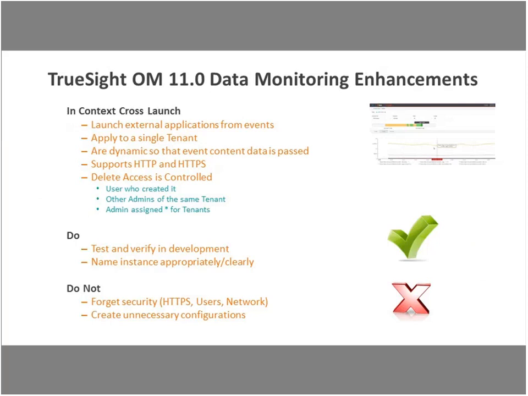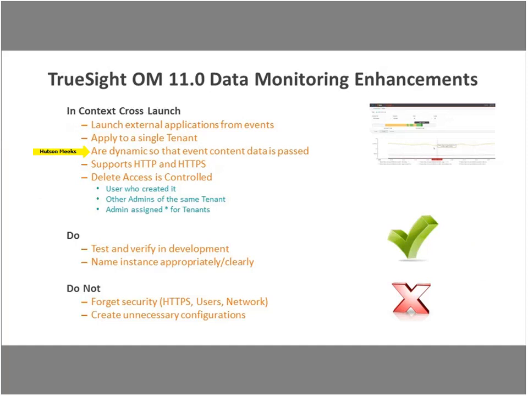Okay, some key things to note: when you're setting up these cross-launch URLs, they apply to a single tenant, so each tenant has their own. Okay, they are dynamic, meaning we will take event data and pass it to the other system through the URL configuration.